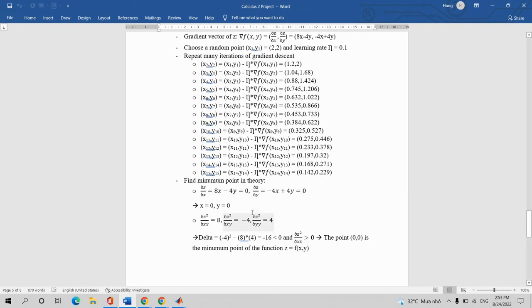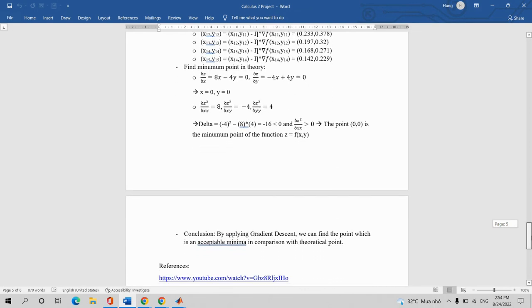So we consider delta equal to minus 4 squared minus 8 multiplied by 4, equal to minus 16, which is smaller than 0, and the second derivative must be bigger than 0. So the point O is the minimum point of the function z equals f(x, y).